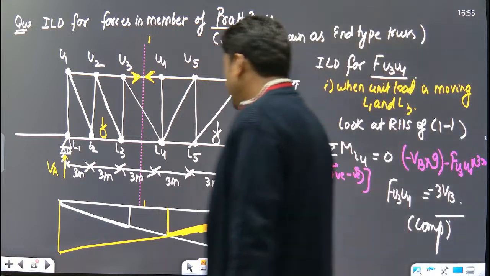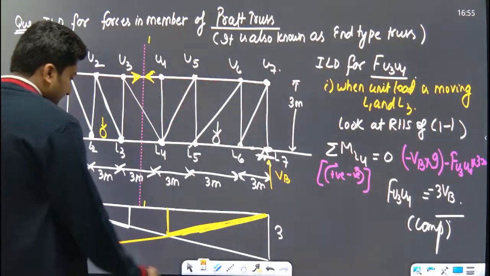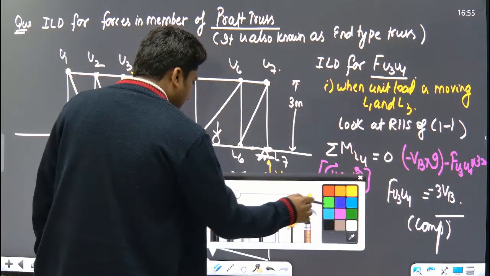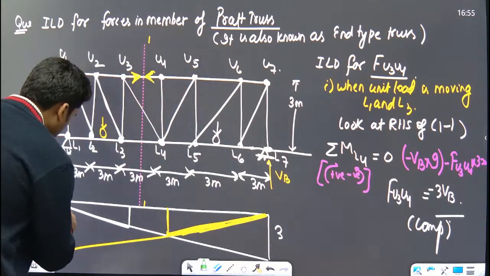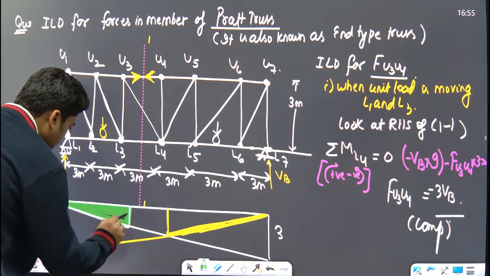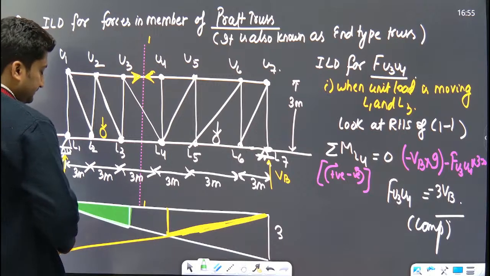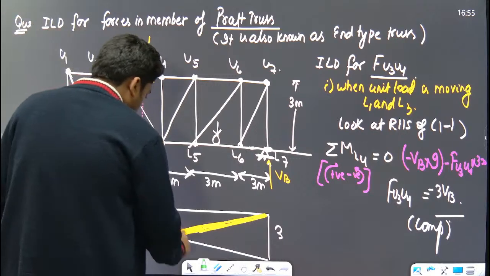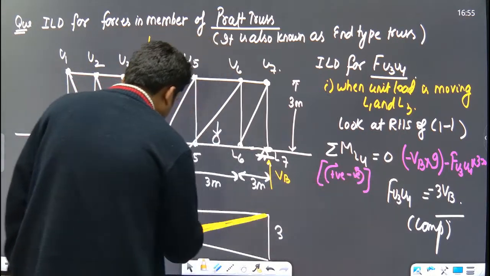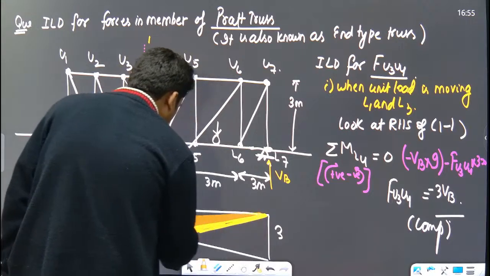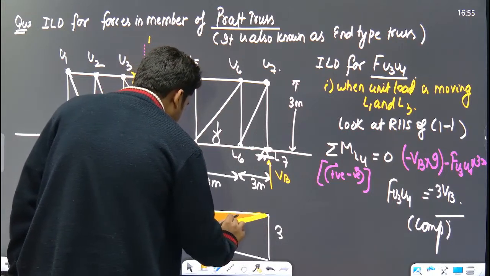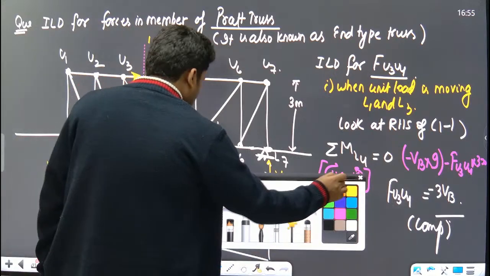So this is the ILD for this. I'll highlight it. This much, and this one, and for the rest of the position of unit load, join this one.